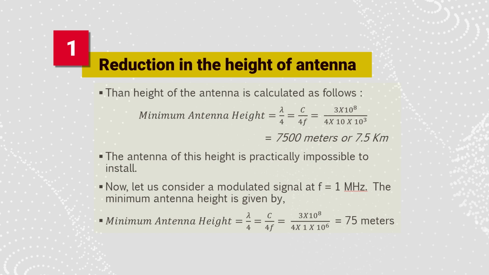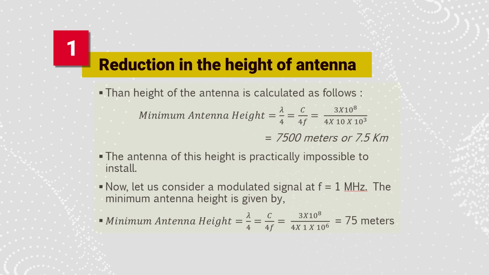Substituting the values of c and f, we get 3 into 10 to the power 8 divided by 4 into 10 to the power 3, which is equal to 7500 meters or 7.5 kilometers. An antenna of this height is practically impossible to install.